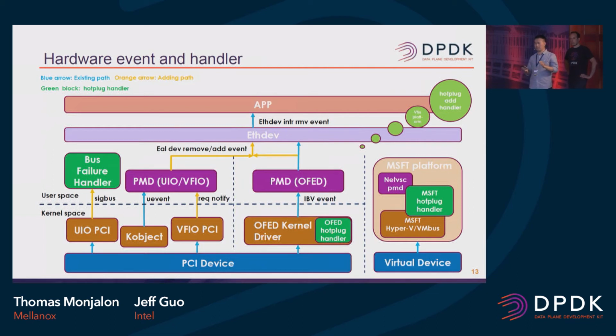But on the framework side, they should come up with a common event, just like the EAL device event, to let the application register these event callbacks. So I think this is the framework mindset, and it will make life easier for the user.